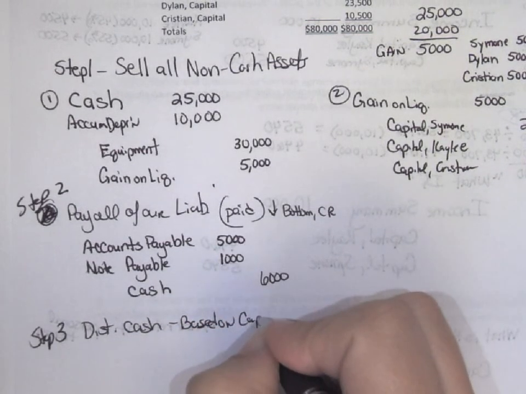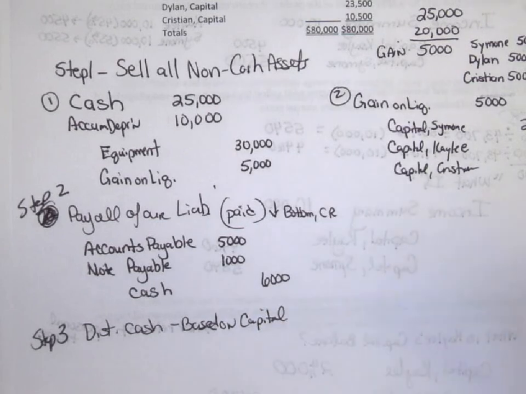So at this point, we would need to know what our capital balances were and what our cash balance and all that is, because we've already zeroed out all the other accounts. We zeroed out equipment, accumulated depreciation, accounts payable, and notes payable. Those are all zero. That gain on liquidation is all zero. So all we have now is cash and the capital accounts. Now, I don't have it in this example, but let's say that one of our partners had a negative balance in their capital account at this moment in time.